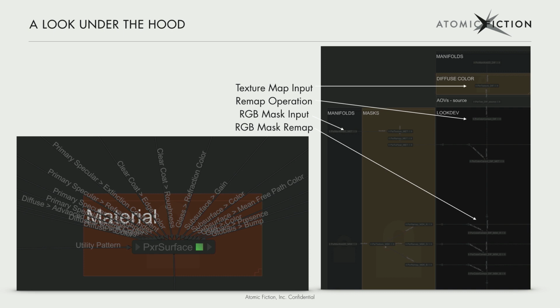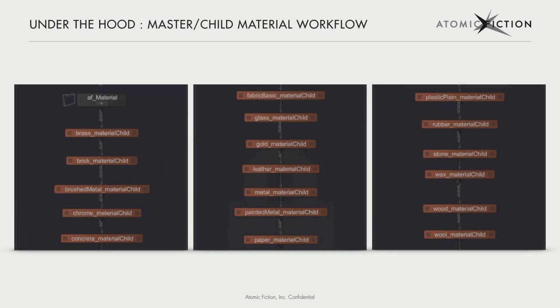And the beauty of this workflow is that inside this master material, you can add any number of nodes, and they'll be available to all of the children downstream. So let's take a closer look at the master-child material workflow. At the top of our node graph, we have an Uber shader that I've described in gray.